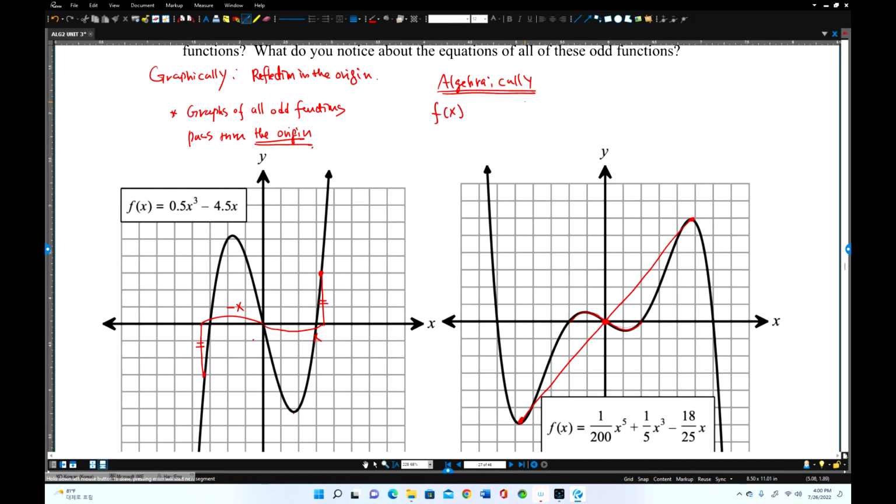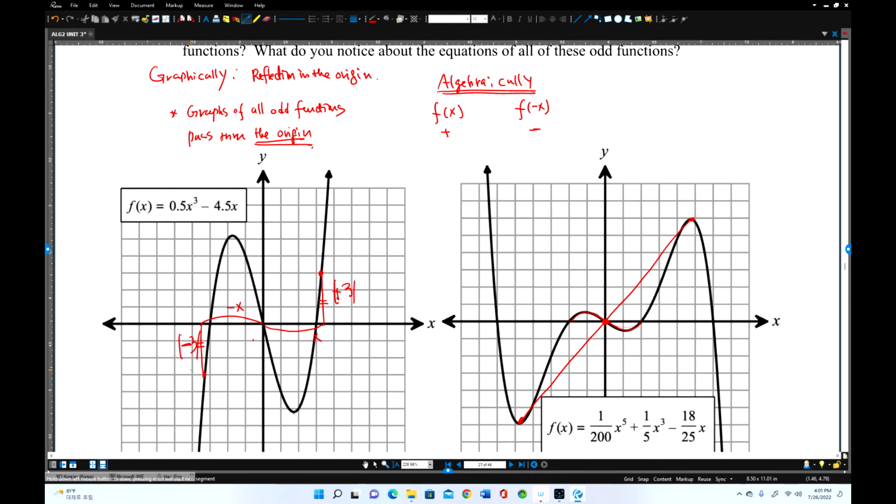f of x, f of negative x, same distance, but one is positive, the other one already negative. If this number is positive, this number is negative. But in absolute value, they must be equal, right? Same height. If this is a 3, this one is a negative 3. So absolute value must be equal.